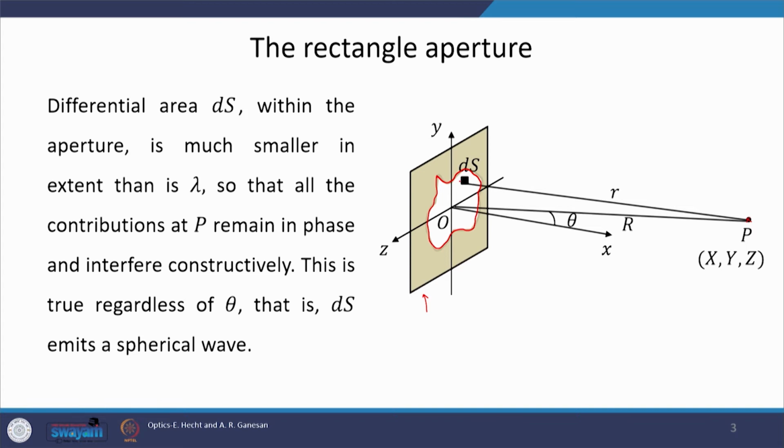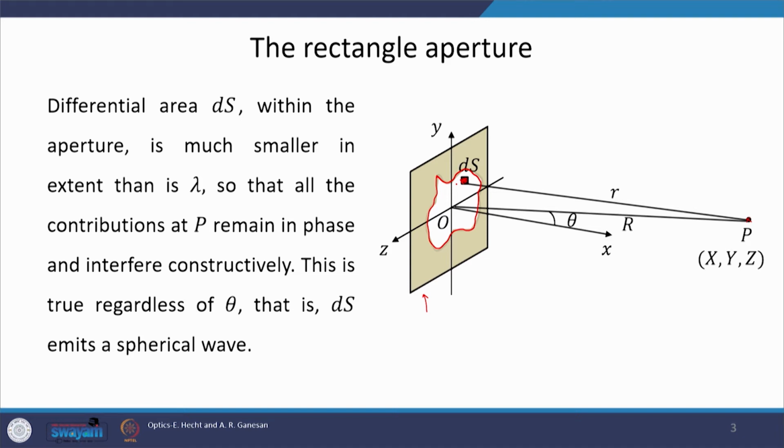Now, to study this case, we pick a differential area dS from this aperture. We pick a very small area element in this aperture, and we assume that the area of this element is dS.